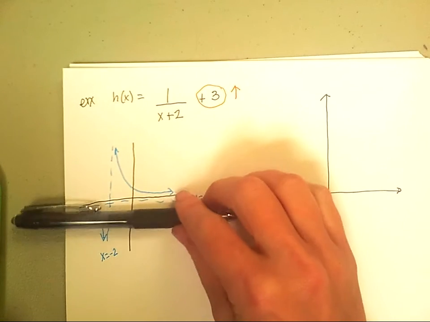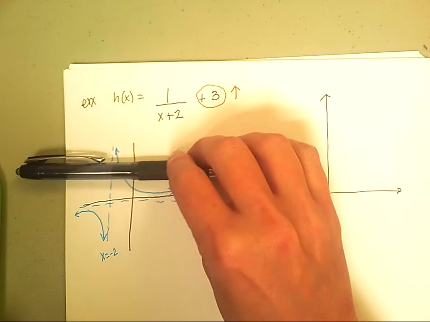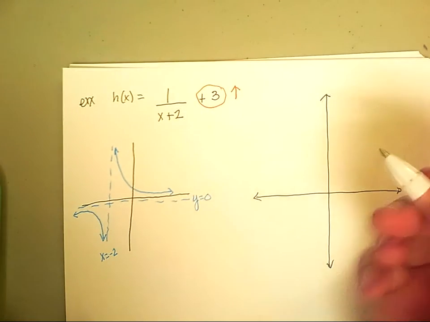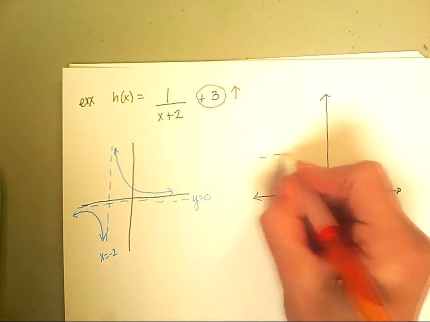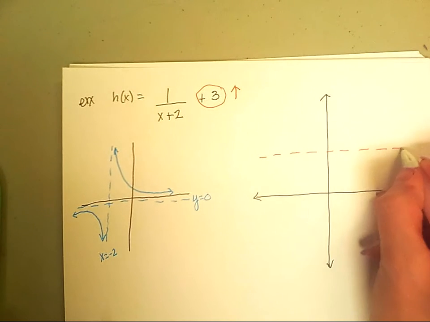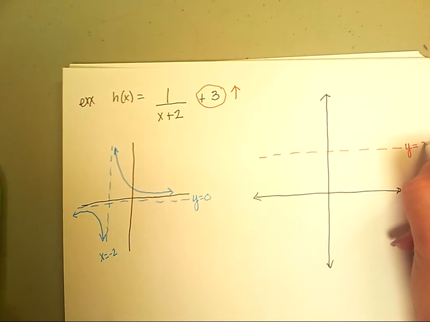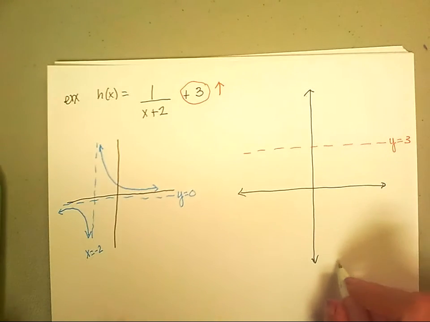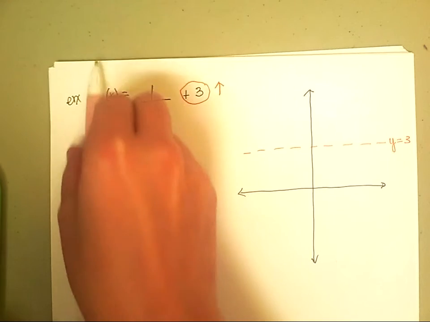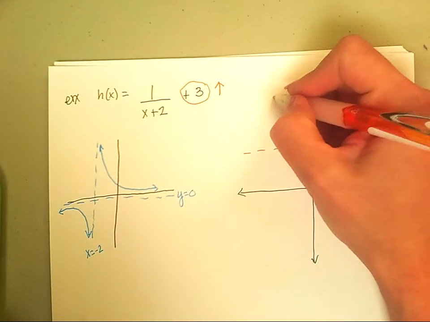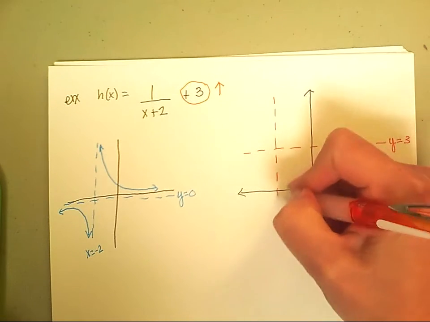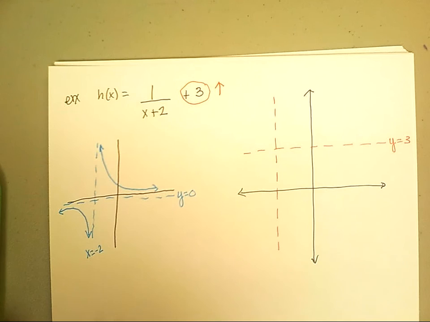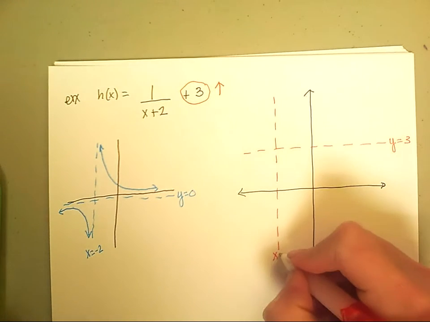In this case, moving everything up 3 units will also move this horizontal asymptote up 3 units. So now instead of being the line y equals 0, we have the line y equals 3. Now shifting up, this vertical asymptote won't change its location. So it'll stay at x equals negative 2.